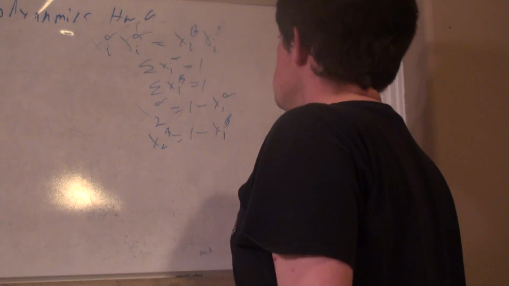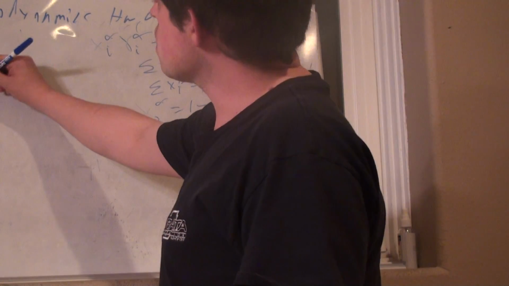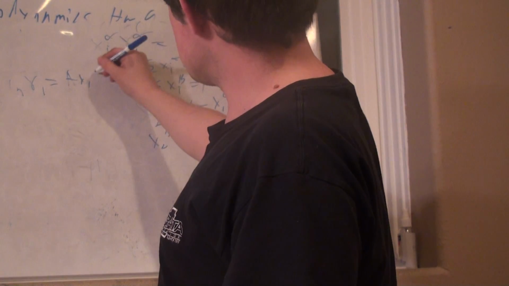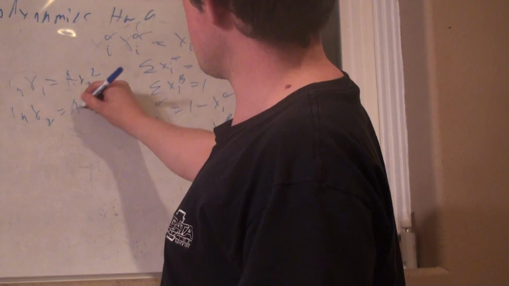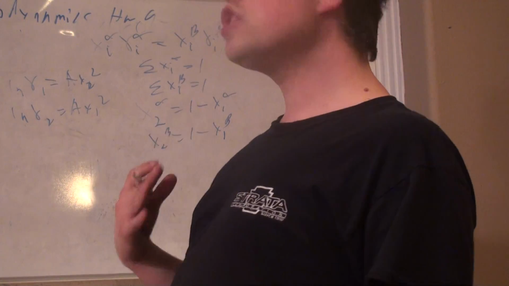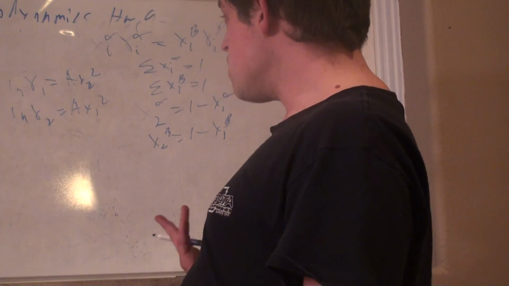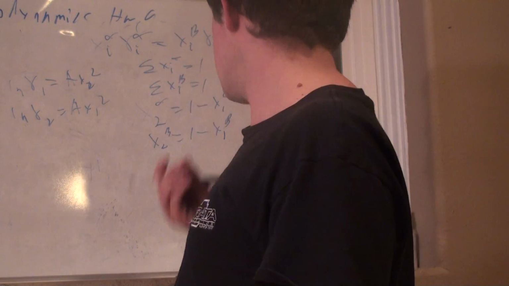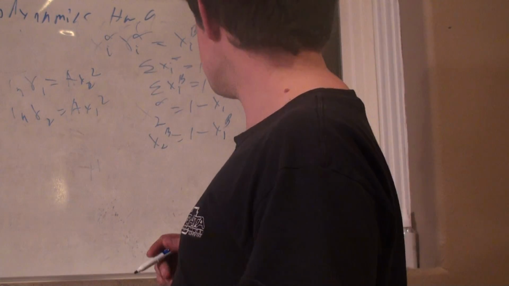One of the examples actually uses 3-suffix. So RT ln gamma 1 is equal to A x2 squared, and RT ln gamma 2 is equal to A x1 squared. Now you might ask, is there a different A between alpha and beta? There's not. I use the same A, but just the way the physics work, I'm going to have different gammas based on the different compositions in each phase.